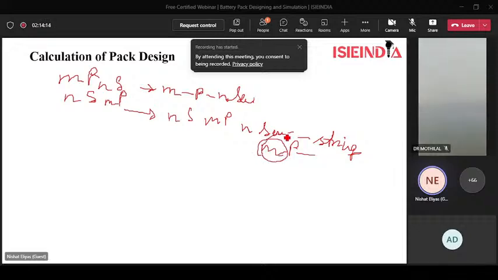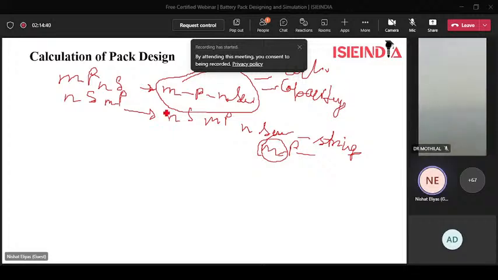So what happens when we apply this arrangement? There is an addition of the capacity, and the voltage will be added while the cells are connected in series.